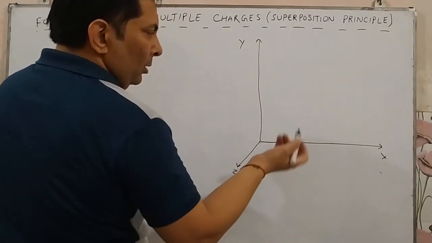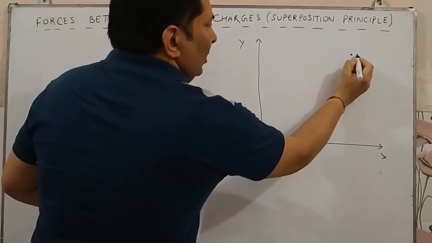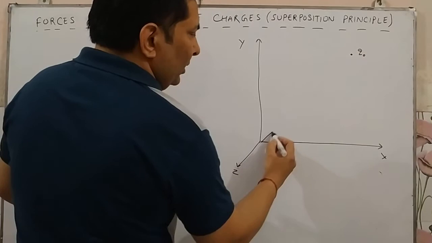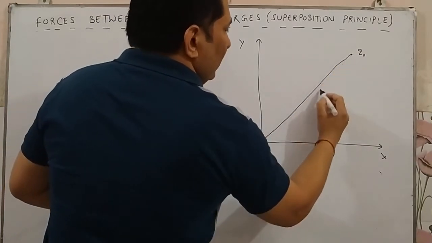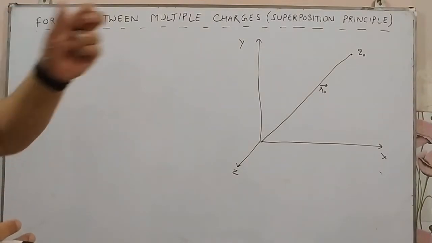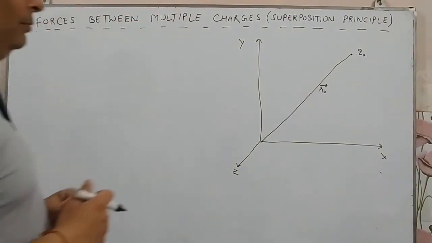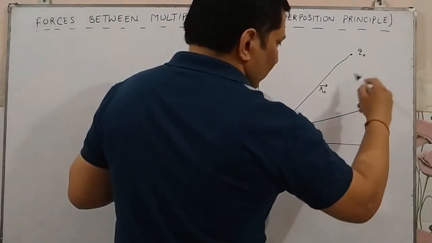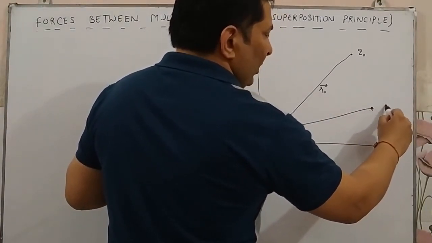Now we have a test charge named q0, whose position vector is, let it be, r0. So we have a test charge here, that is the charge under consideration. Around this charge q0 we have so many charges.